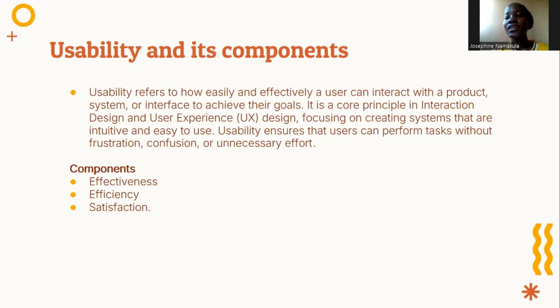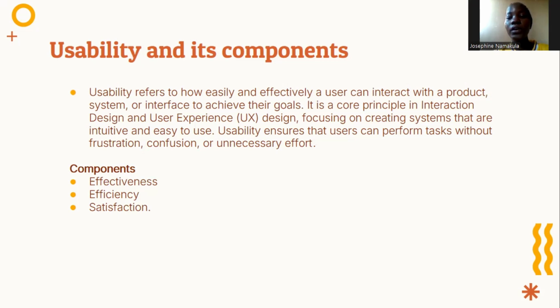Effectiveness measures the ability of users to successfully complete tasks using that system. It is concerned with whether users can achieve their goals accurately and comprehensively. Efficiency refers to the speed and resourcefulness with which users can complete tasks.